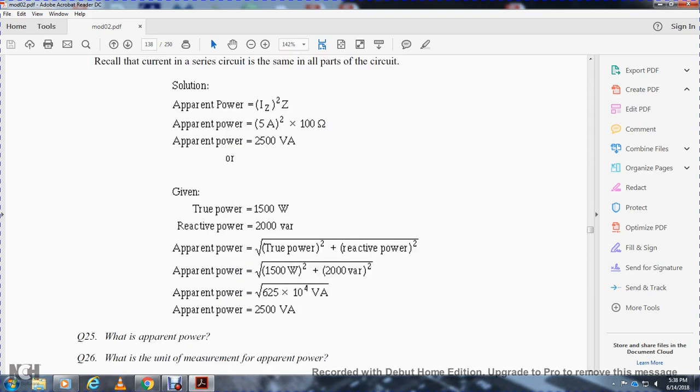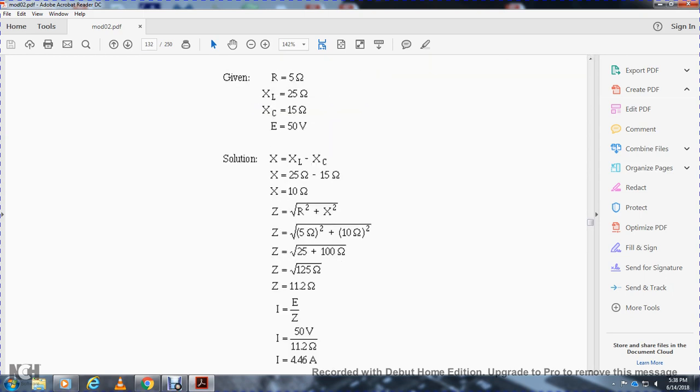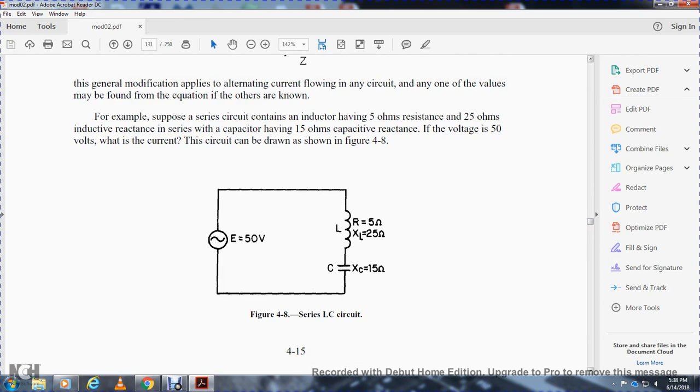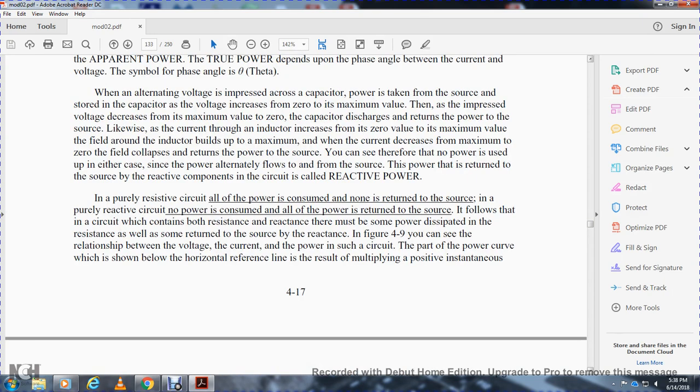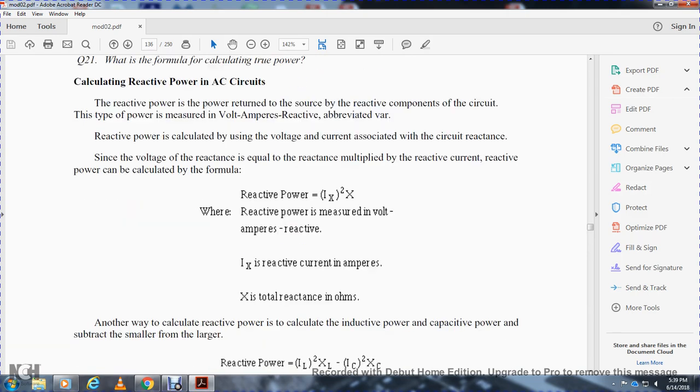Apparent power. True power 150 watts, reactive power 2,000 volts active. What's that again? I'm sorry, I'm scooping through this.